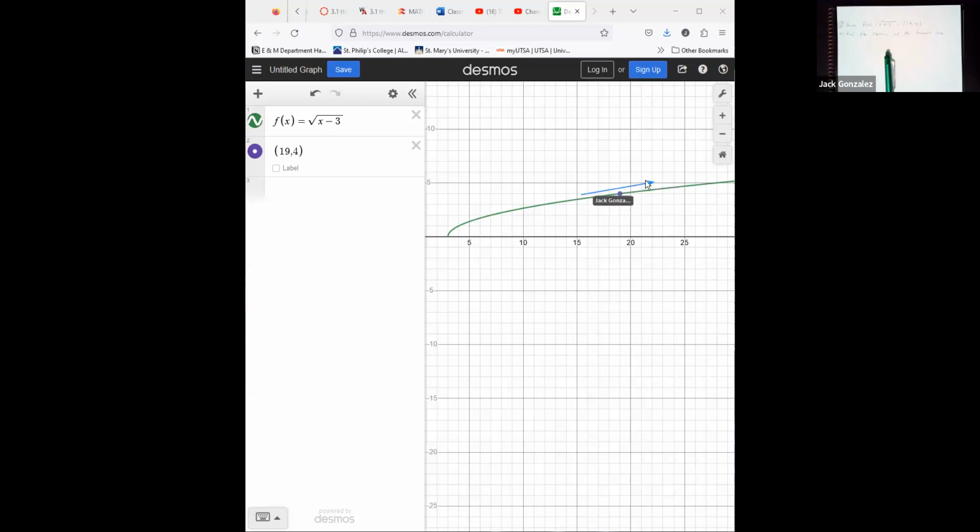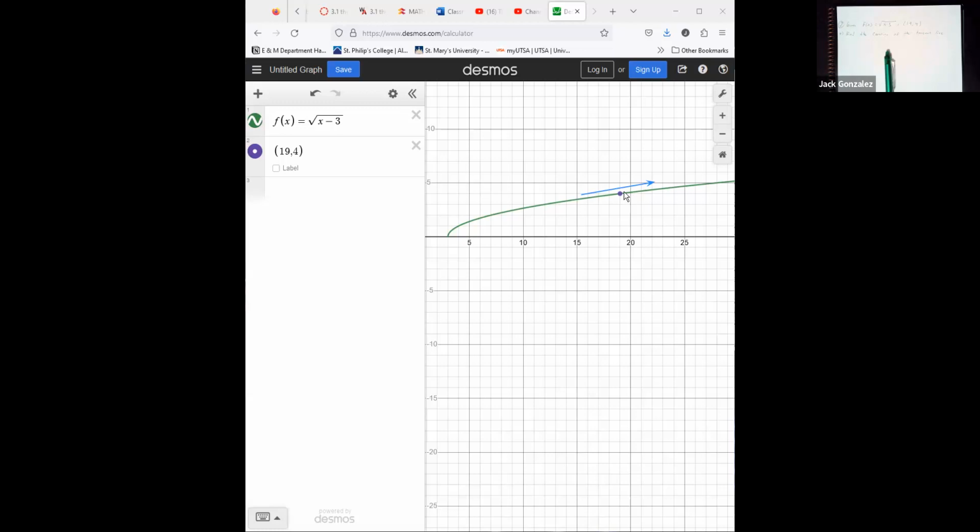What is the equation that makes this line? Do you understand what they're asking? The equation of the blue line that I just drew. That's what they're asking. Find the equation of this line. The tangent line to the point on the square root graph.